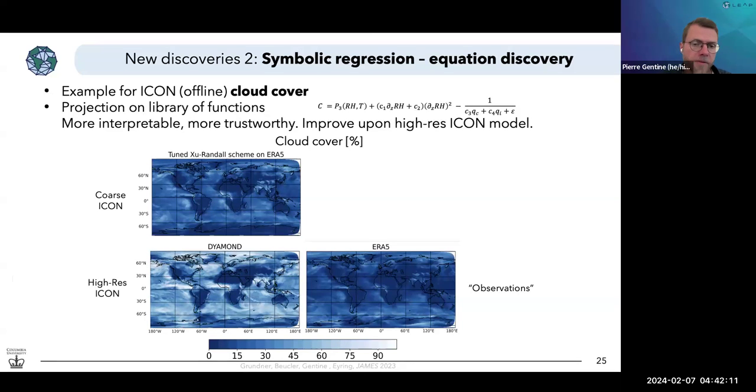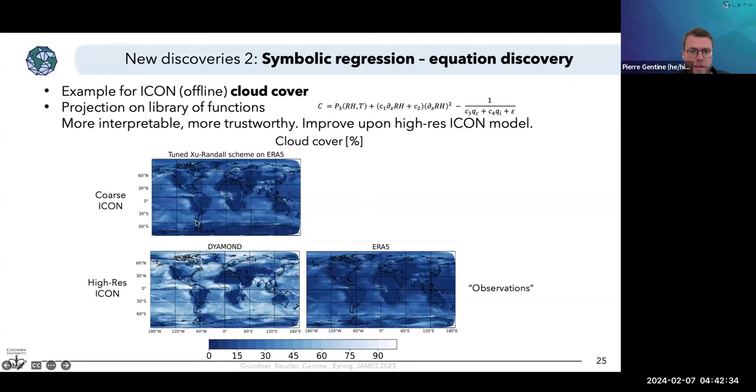The second example, very quickly, I'd like to show you is that we can also use symbolic regression, this equation discovery, to start thinking about different climate processes. This is an example looking at cloud cover, where we basically discovered the formulation of cloud cover and how to best represent it in Earth system models and climate models.